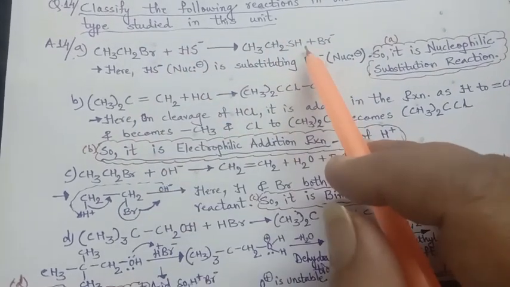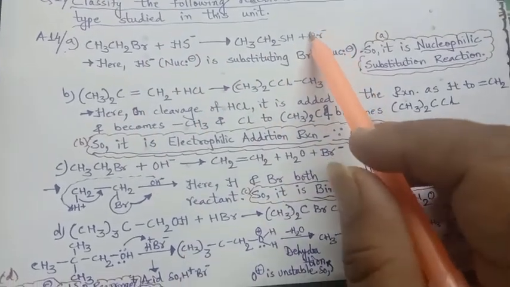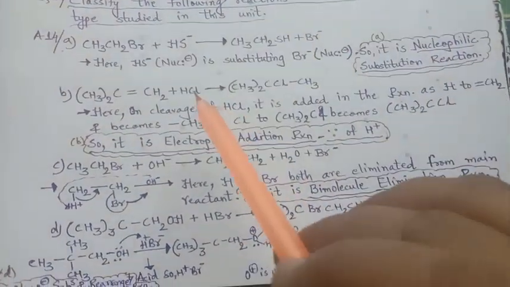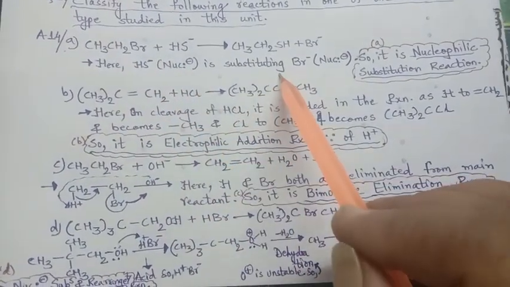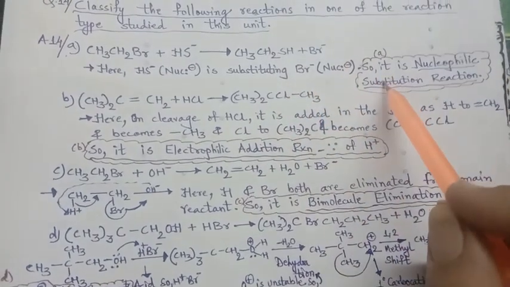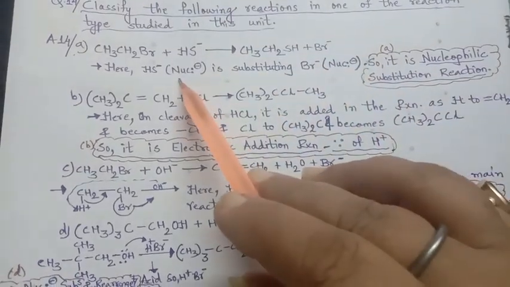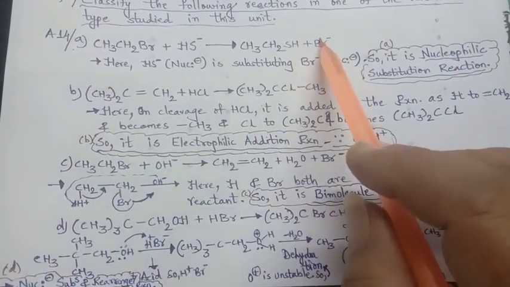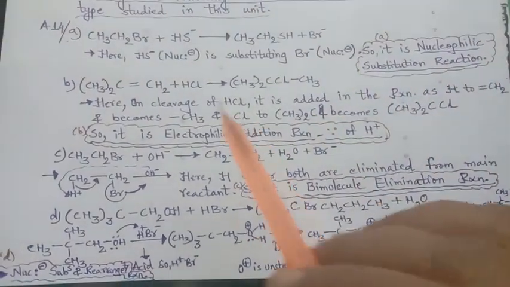Instead of Br, now here you can see SH, and Br negative, a nucleophile, is substituted. So here HS minus, a nucleophile, is substituting Br minus, a nucleophile. So it is substitution, but nucleophiles are substituted. Both negative, here this negative. So it is a nucleophilic substitution reaction.